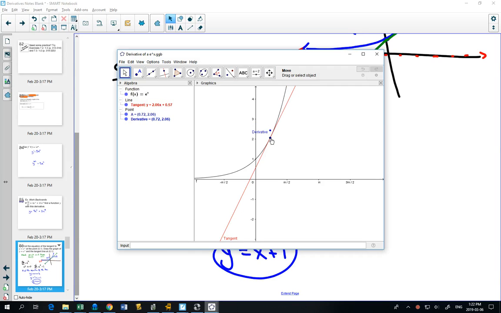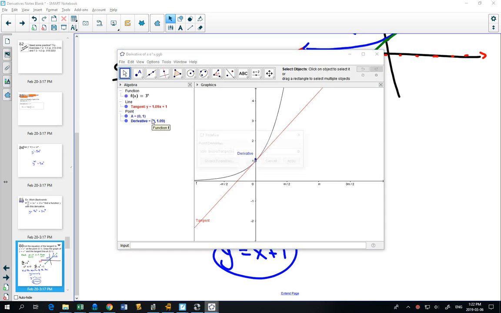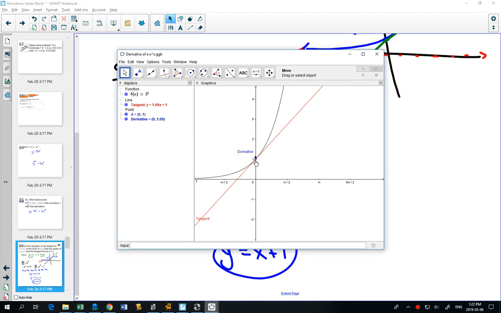Is it still on there? Yes. I want to get it at 0, there we go. Does it work? Is it perfectly the same? Oh, close.